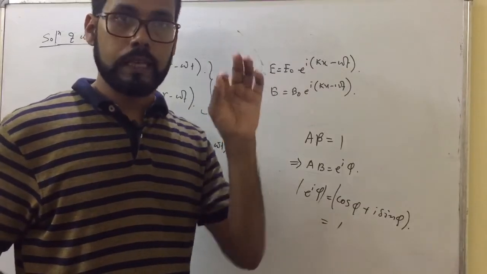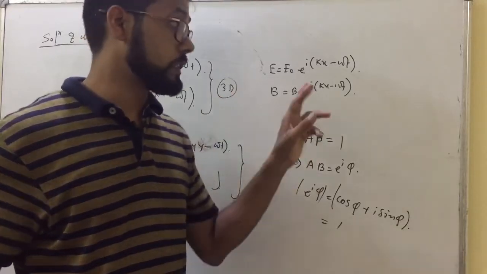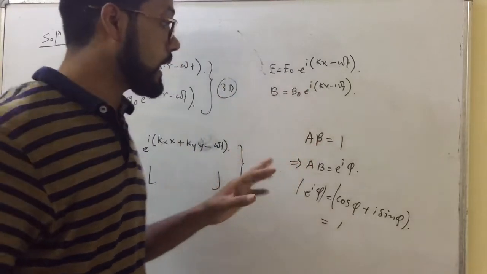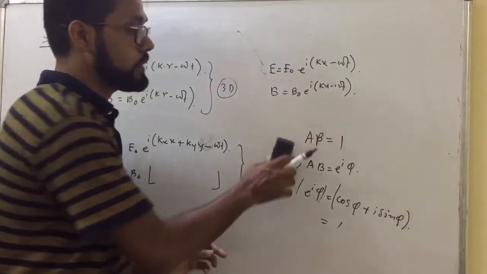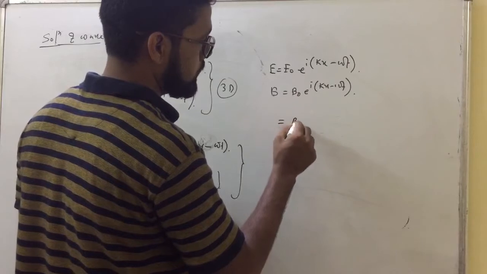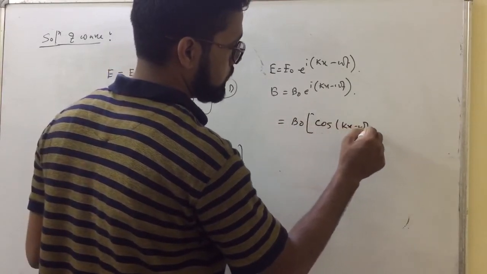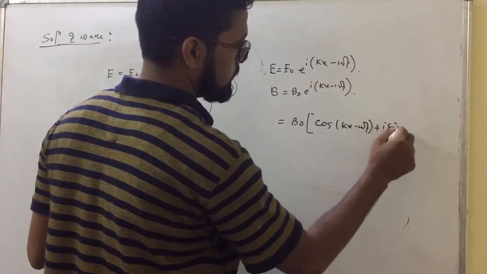But whenever we do calculation, or derive any parameter using this function, we always consider either the cos term or the sin term. If you see this equation, B naught cos kx minus omega t plus i sin.